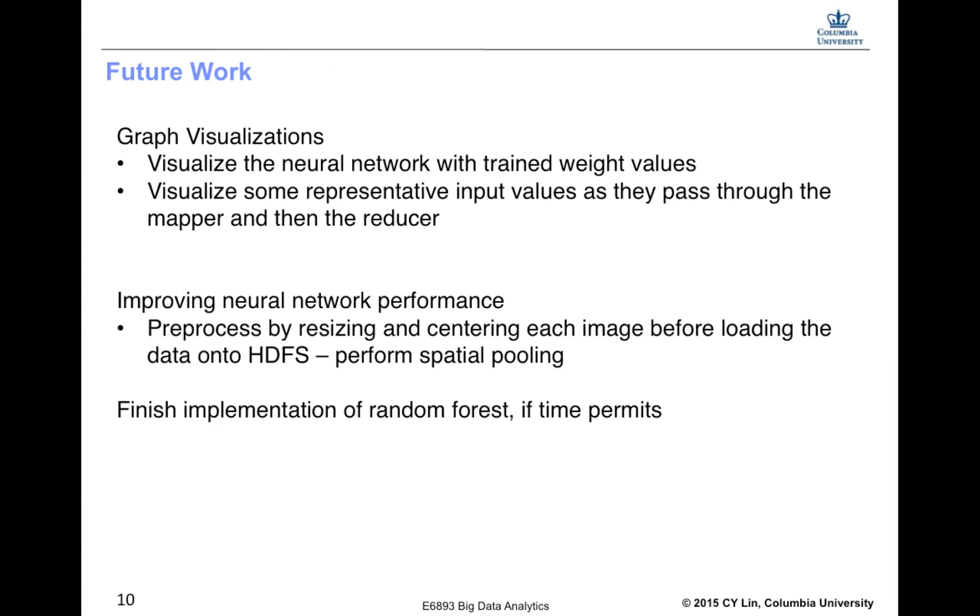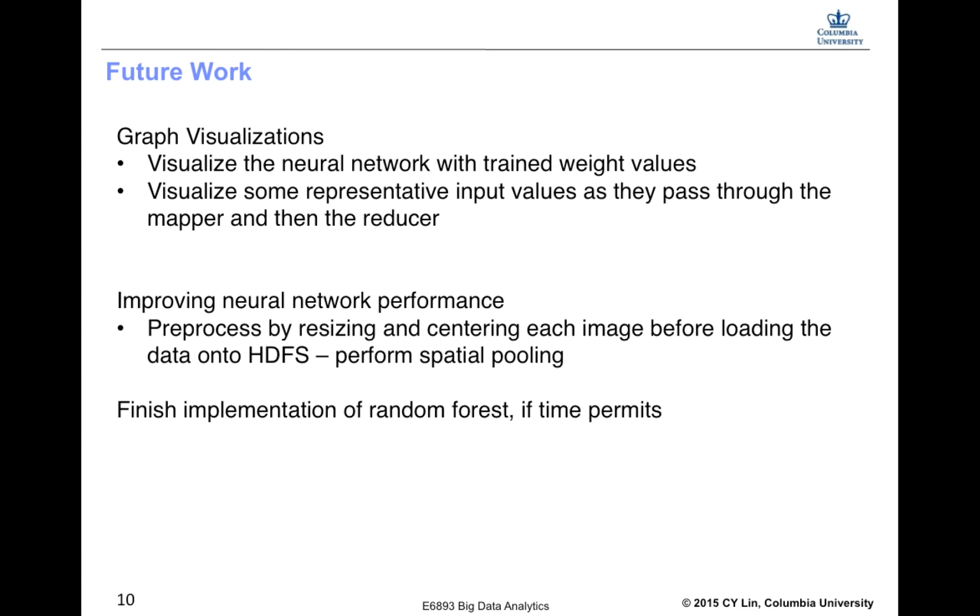Okay, in terms of future work, we had originally planned to do some graph visualizations of the structure of the neural network. We actually got this working in D3, but what we realized very quickly was that it's a little infeasible to visualize all 780 or so inputs and then 400 hidden nodes.